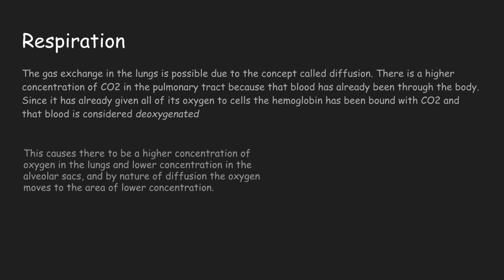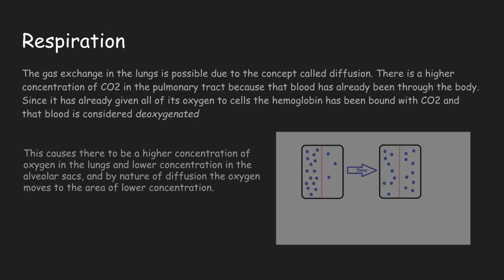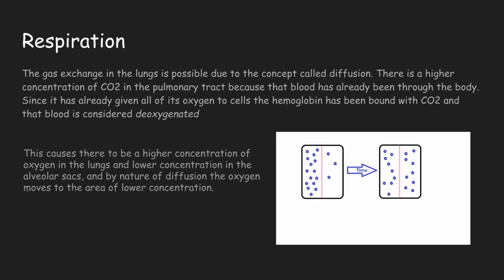This causes there to be a higher concentration of oxygen in the lungs and a lower concentration in the alveolar sacs. And by nature, diffusion, the oxygen moves from an area of higher concentration to lower concentration. Just like that animation there, the laws of nature, everything wants to be spread out evenly, and if there is no oxygen in the alveoli and there's oxygen in the lungs, it'll push the CO2 out and bind to the hemoglobin.